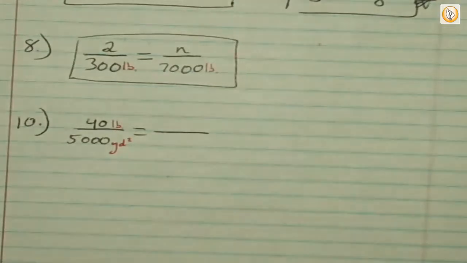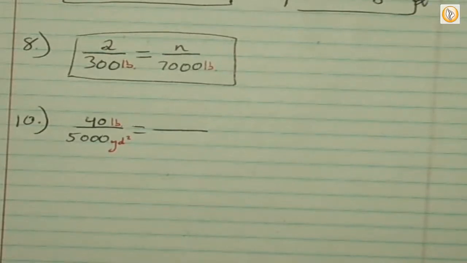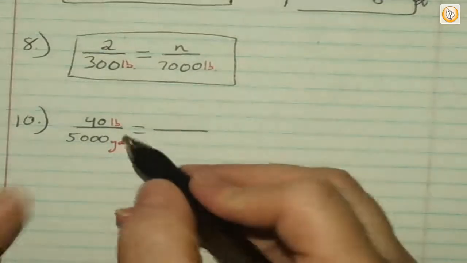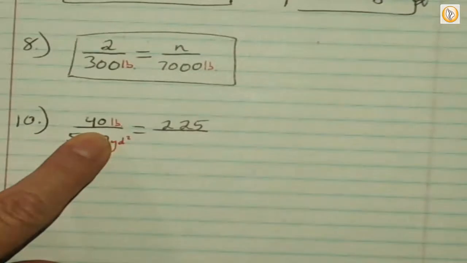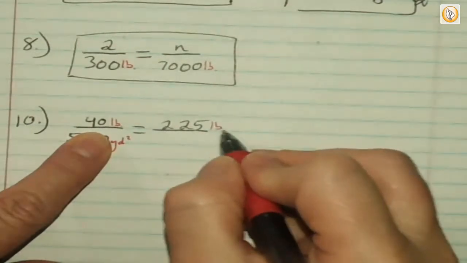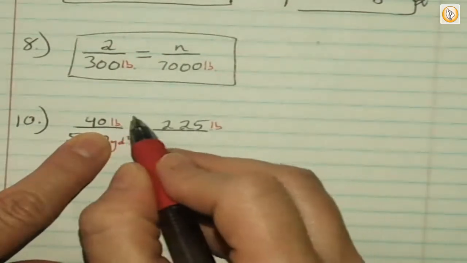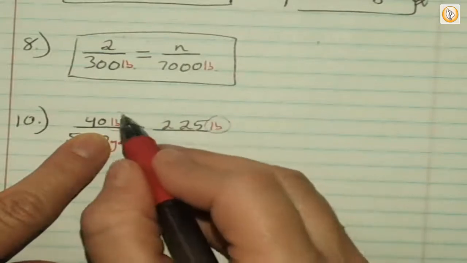So 225 pounds, right? Where would I put that? On top or bottom? On top, because it's pounds. So if it's 225 pounds, then it needs to go on top because we want to keep the pounds together. Do y'all see that?